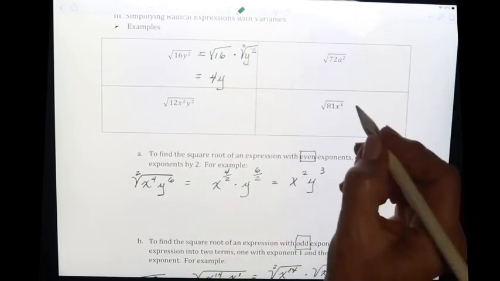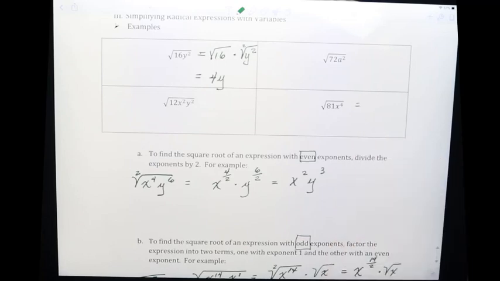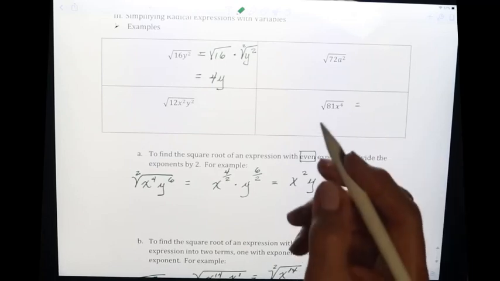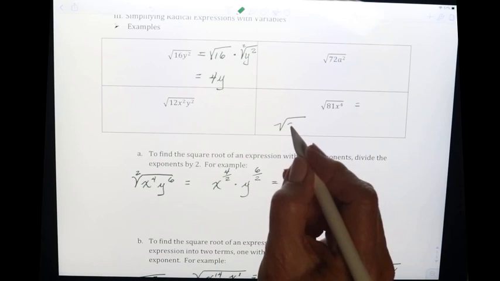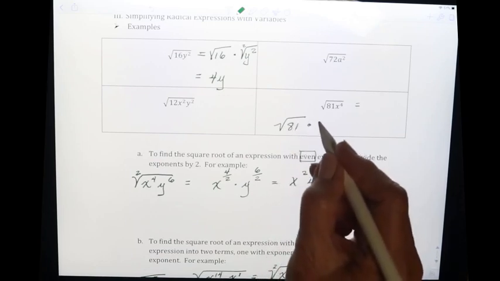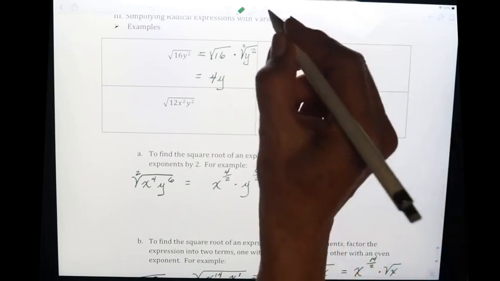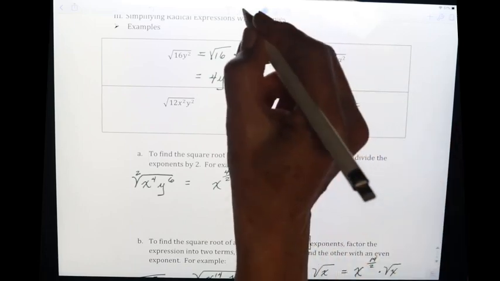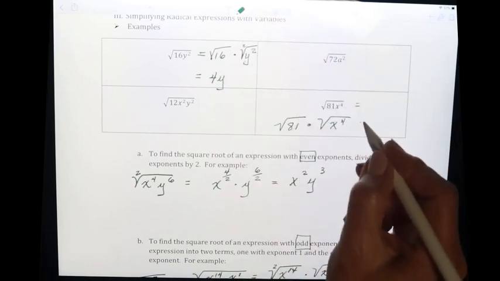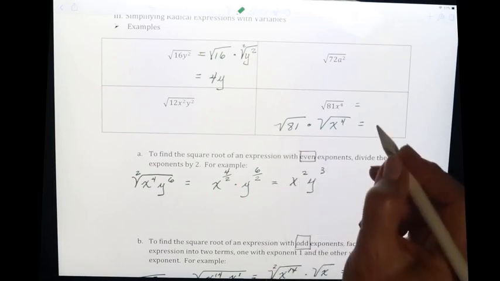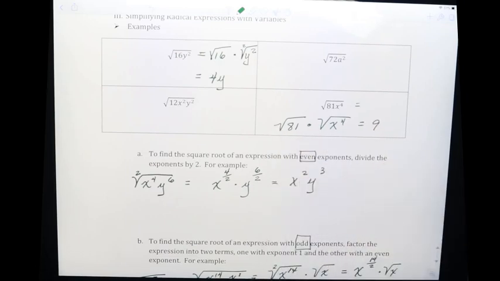And of course, you don't have to write down that exponent 1. And I wanted to do this one here in the lower corner, the square root of 81x to the 4th. So again, I'm separating it. You can do this by hand or you can do this in your mind. And the square root of 81 is 9, so that 9 is going to come out in front as a whole number.